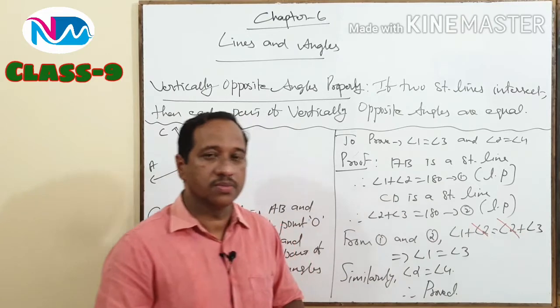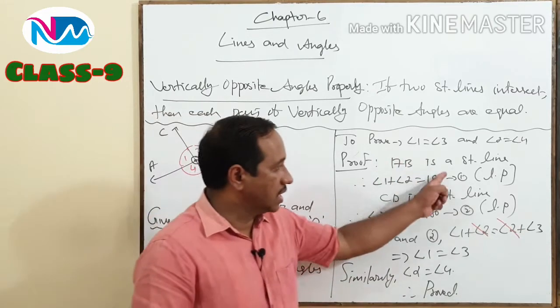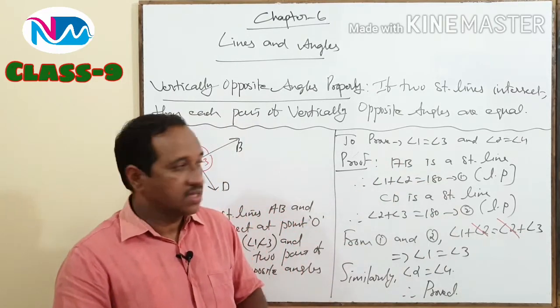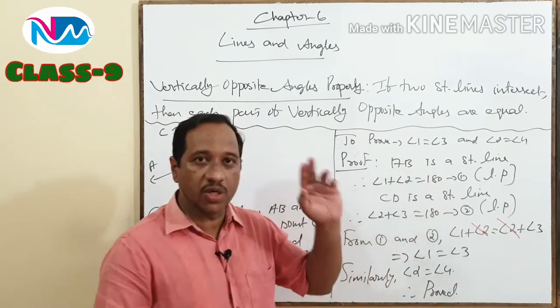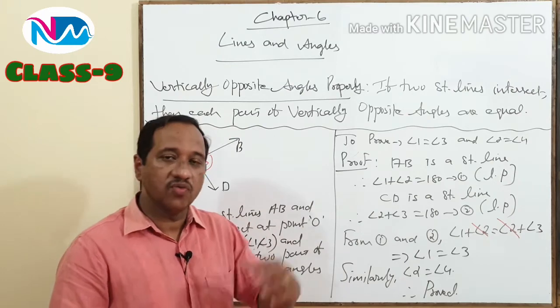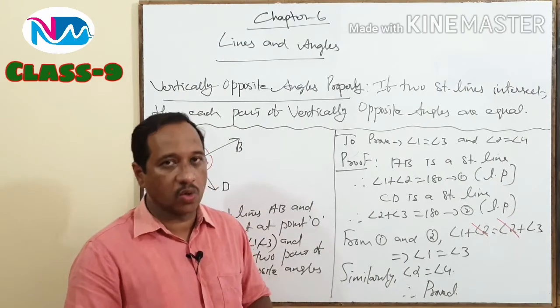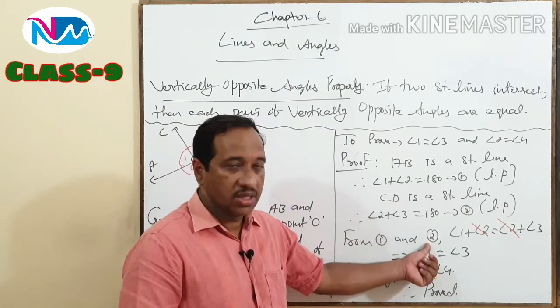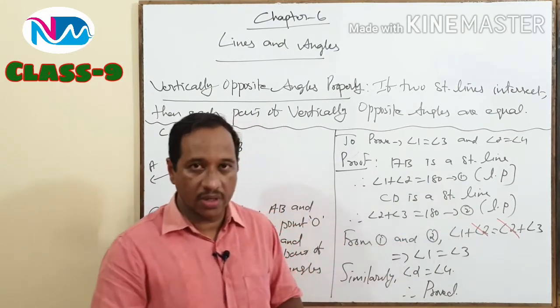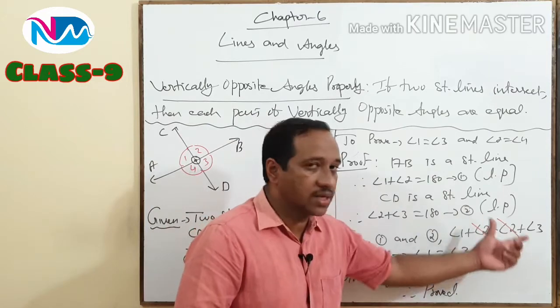Now, in equation 1 and equation 2, you can see the RHS are equal. If the RHS of two equations are equal, then we can equate their LHS also. That is, from equation 1 and equation 2, since their RHS are equal, their LHS are also equal.